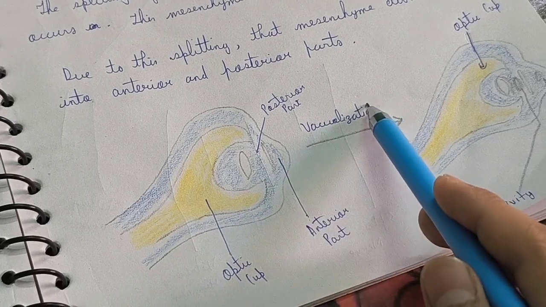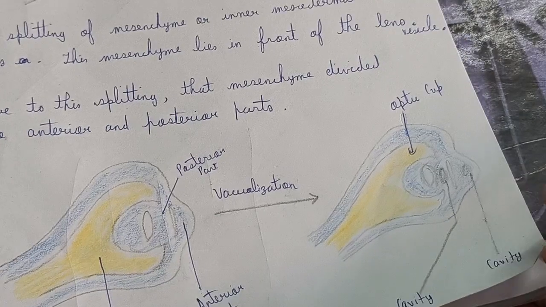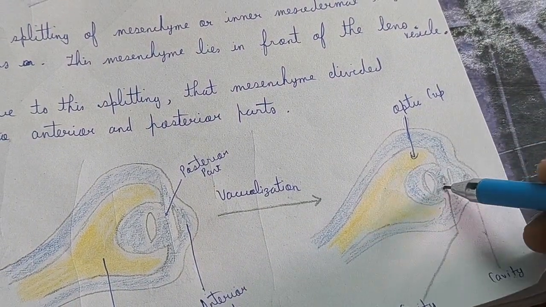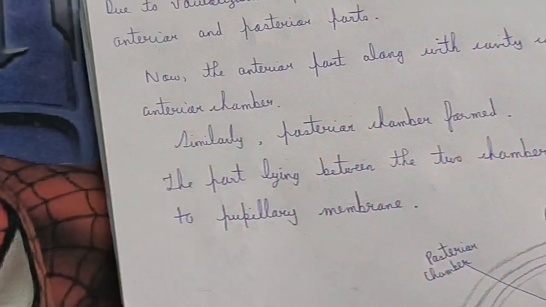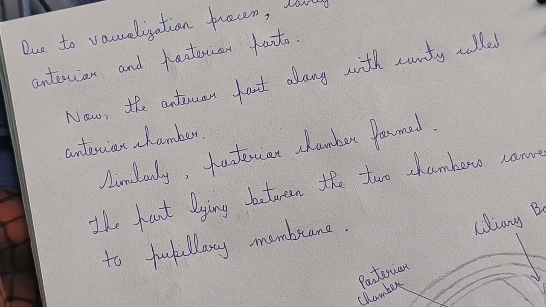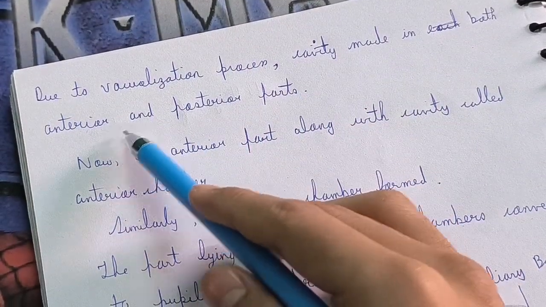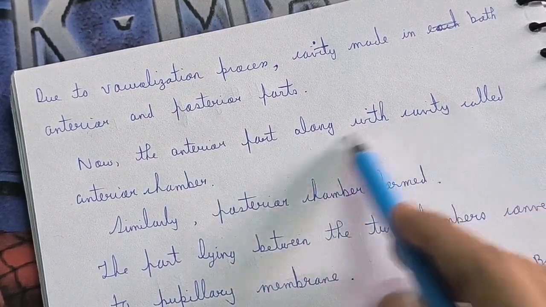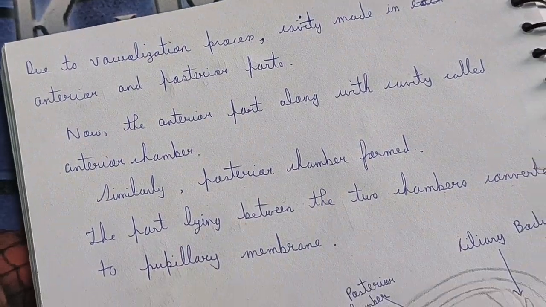Now a process called vacuolization happens. Due to this vacuolization process, a cavity is made in each part, anterior and posterior. The anterior part along with its cavity is called the anterior chamber, and similarly the posterior chamber is formed in this way.